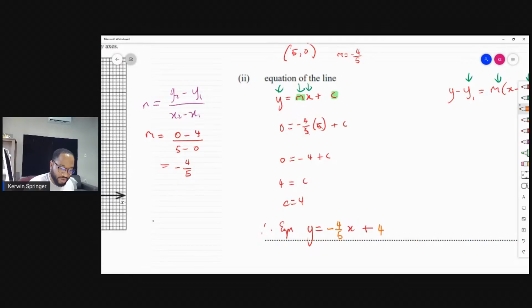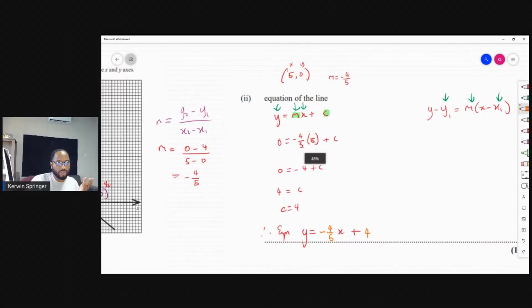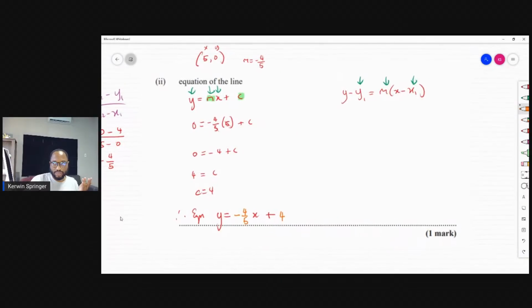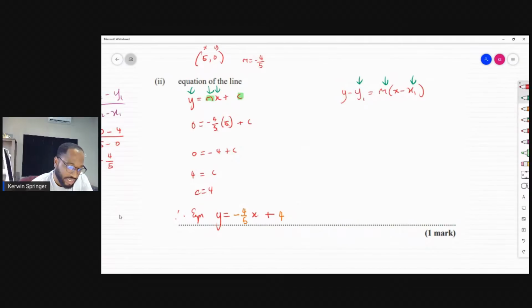Chat, do you agree with that? So this is one way you can do it. Another way is you could just substitute directly. You could put y minus 0 is equal to m, which is negative 4/5, into x minus x1, which is 5. So what's substituted here? This 0, this 5, and this negative 4/5, right?